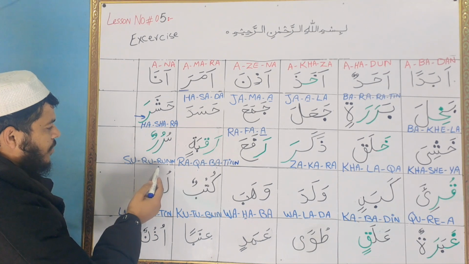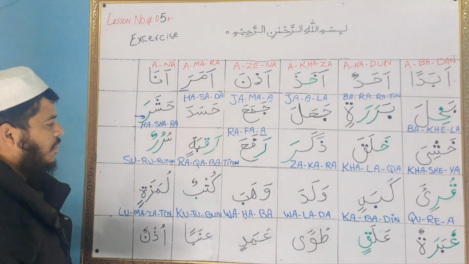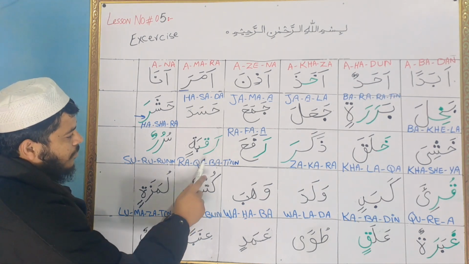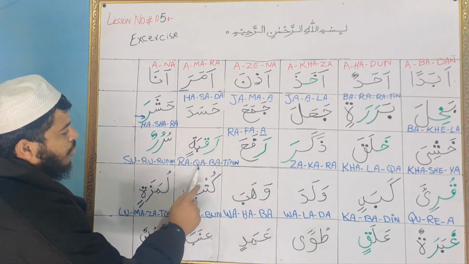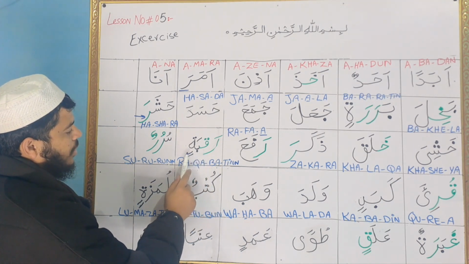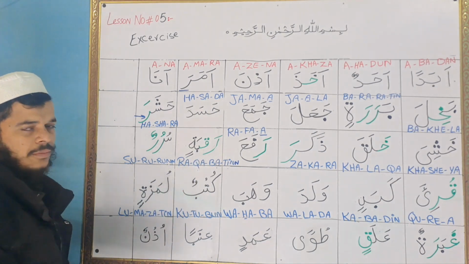Tin each time, like run, each time there will be an n sound. A little bit more ghunna there. It's called nasal sound. Ra, qa, ba, tin, raqabatin.